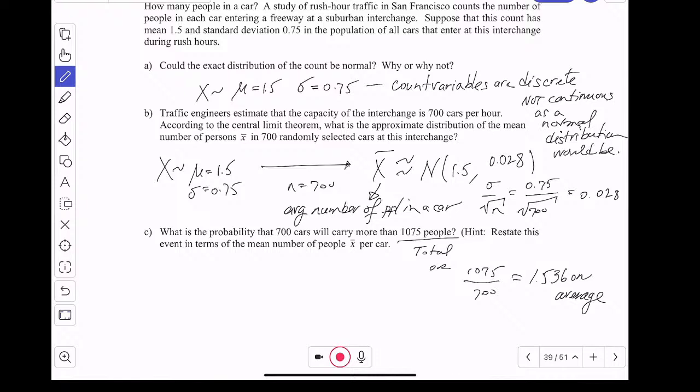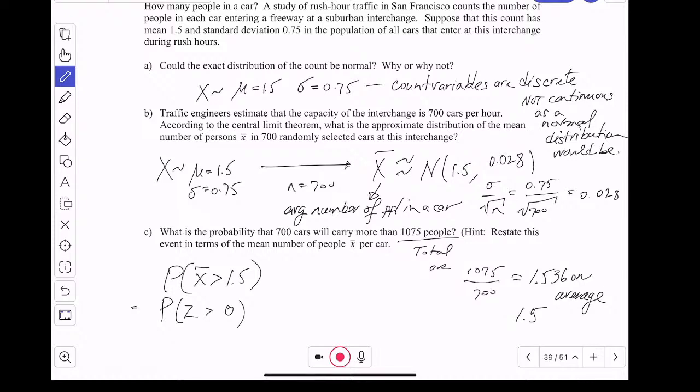I think I just used 1.5 in the notes, because on average, it's 1.5 people in a car. So what I want to calculate is the probability that x bar is greater than 1.5. Using the information I have, I can find how many standard deviations that is, and it's really z greater than 0, isn't it?